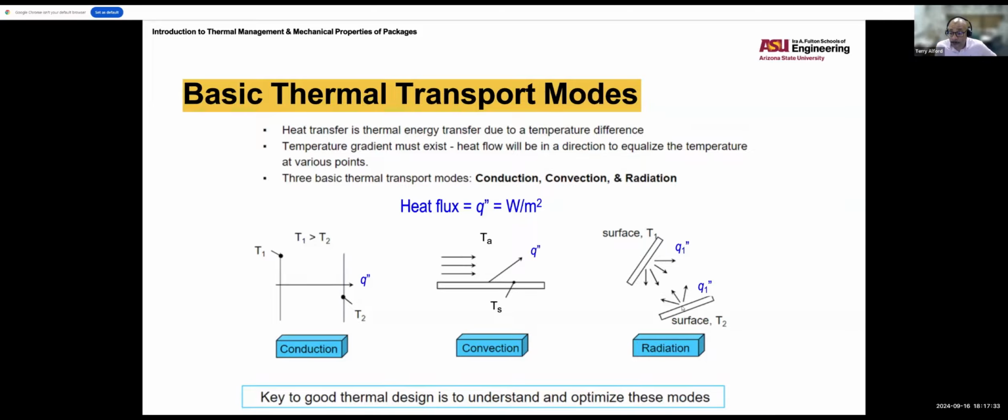We're emitting photons from the surface, which have energy. So all the heat flux, or the energy flux, is by the emission of photons, and typically we will describe this behavior in vacuum. But overall, the main purpose here is that we want to take advantage of all three modes of heat removal.